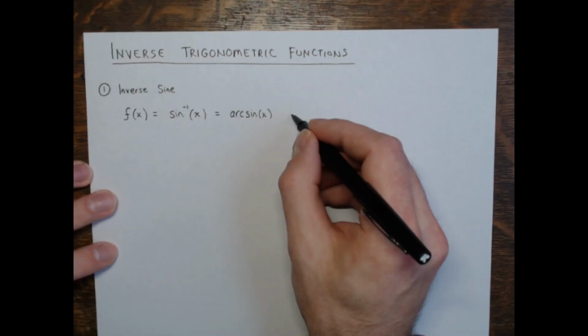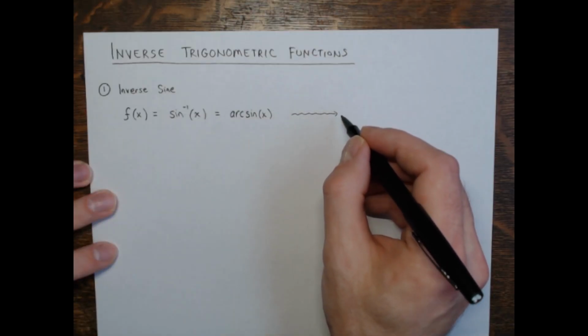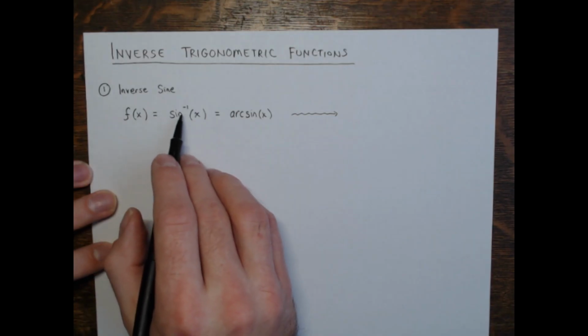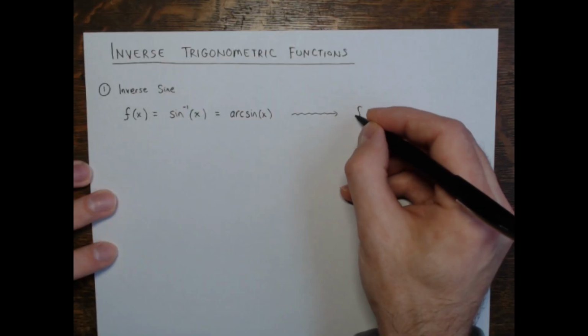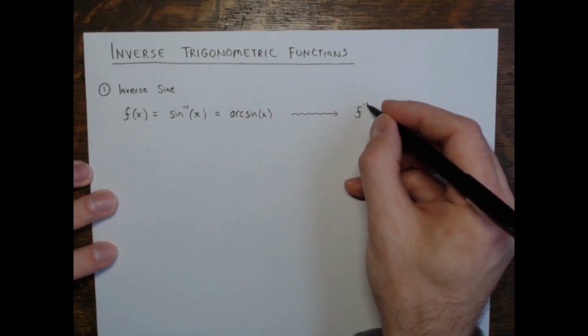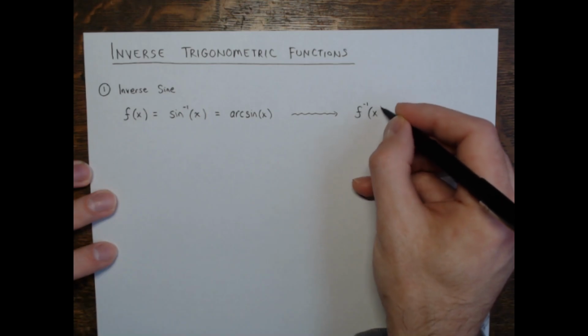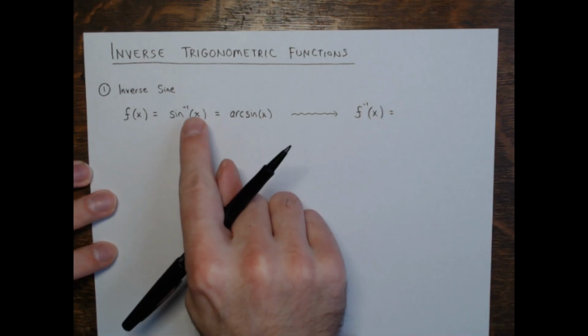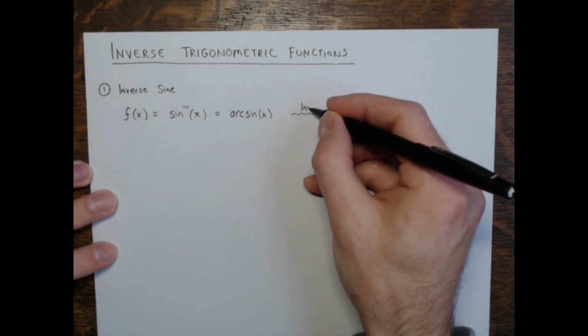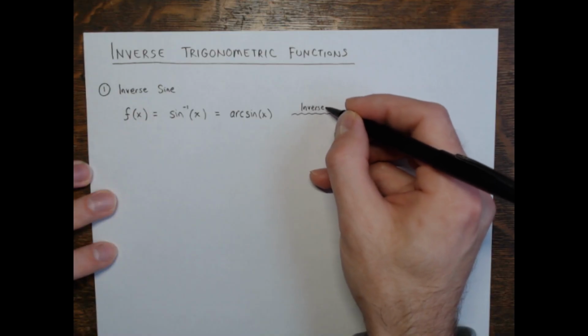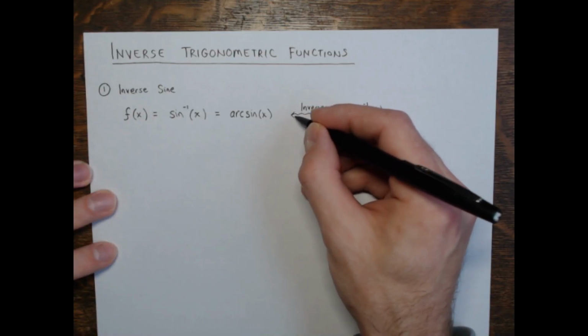Now I'm going to point out that if f here is the inverse of sine, then f's inverse function, the inverse of this, would be just regular sine. Again, these are inverses of one another.